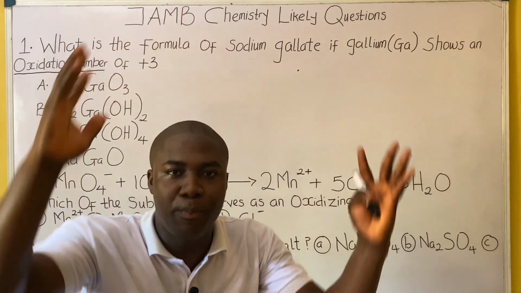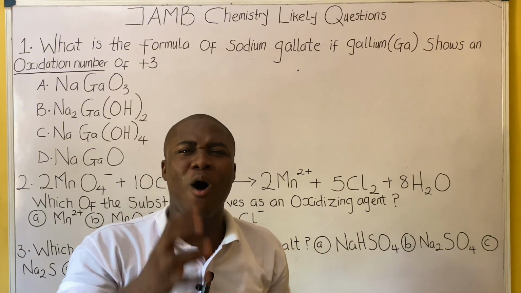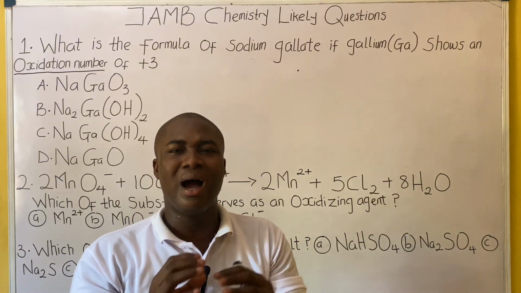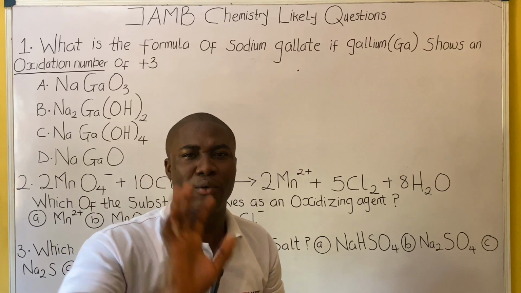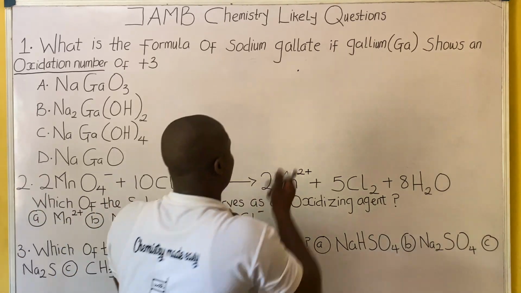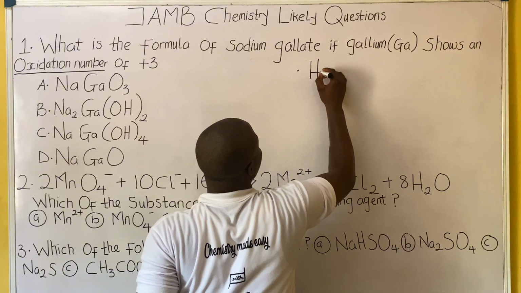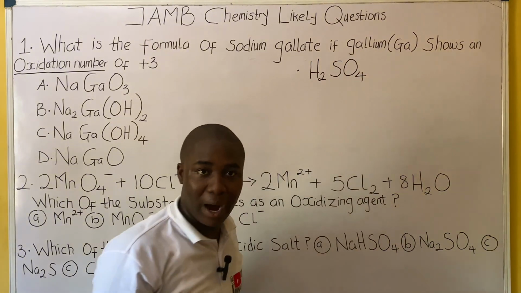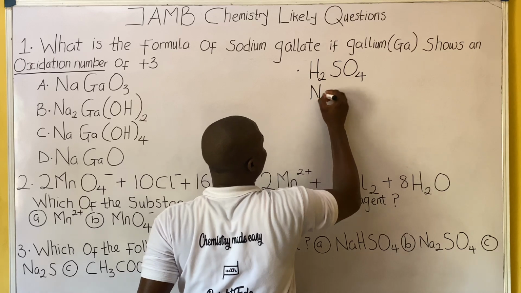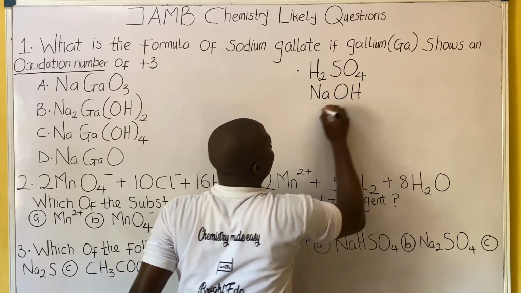The algebraic sum of all the oxidation numbers of elements in a compound is equal to 0. Now, this is what I mean. It's very simple. Watch. This is a compound, for instance. H2SO4 is a compound, all right? Sodium hydroxide is a compound.